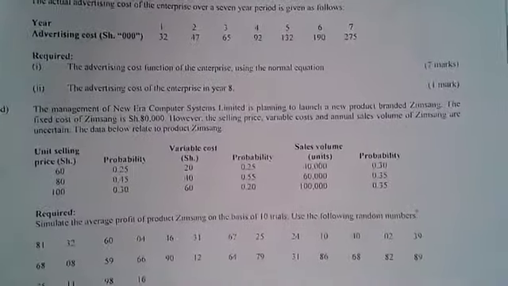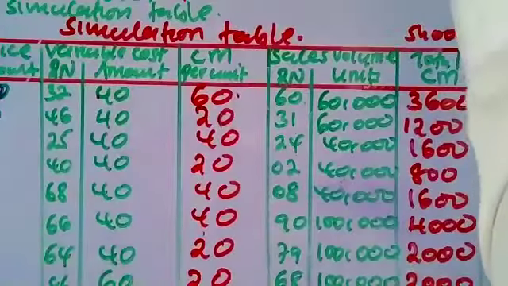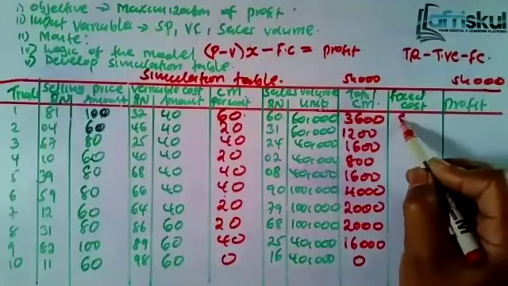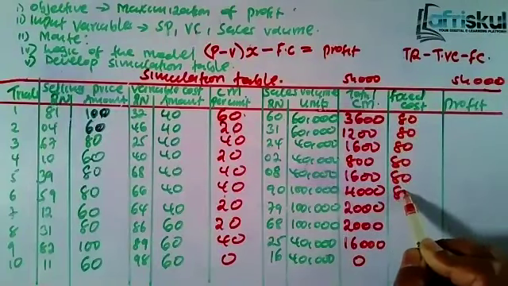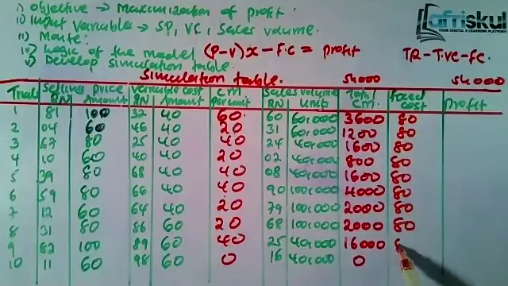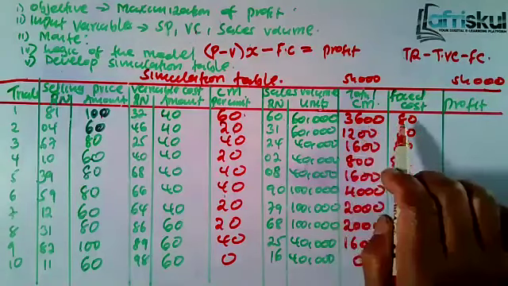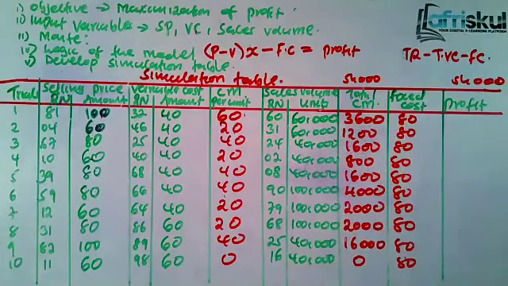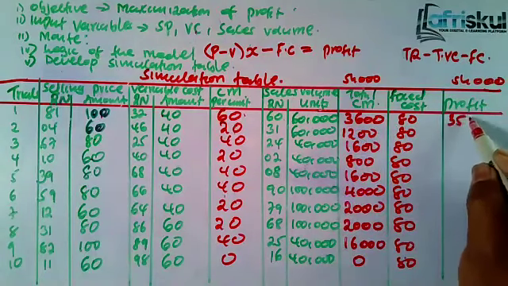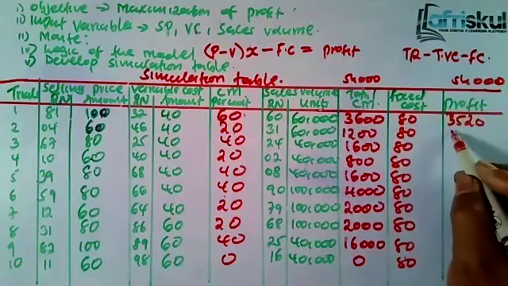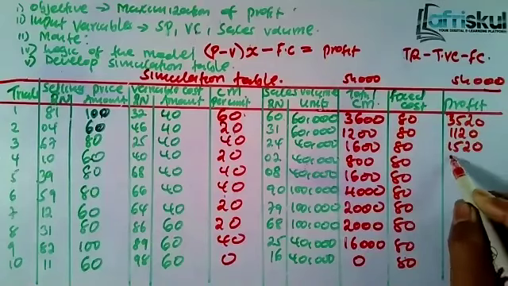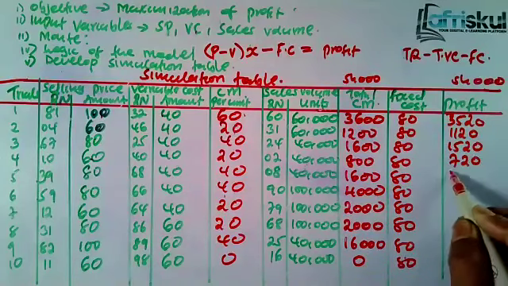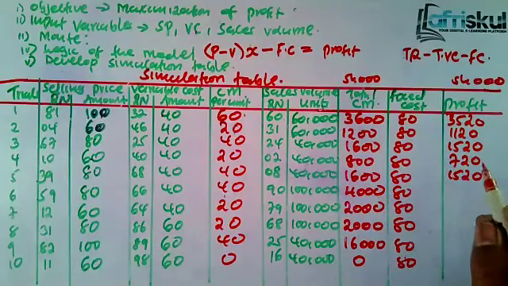So you come here to the fixed cost and put 80. Like that. Now we can get our profit. So 600 minus 80, you get 520. That is 1120. That is 1520. That is 720. That's 1520.